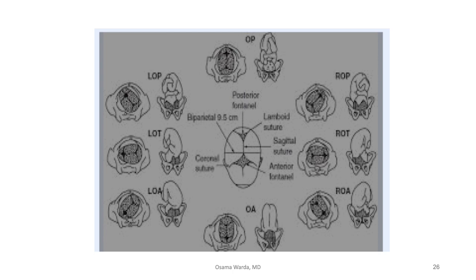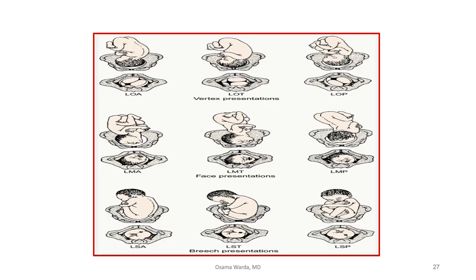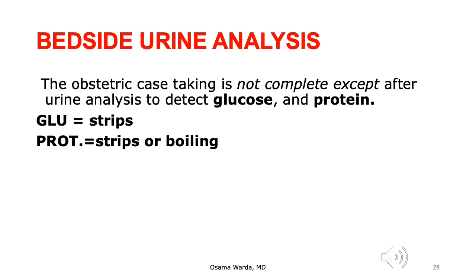The sagittal suture should be in the middle of the pelvis. If it is tilted to one side more than the other side, this condition is called asynclitism. So we can define the fetal position and fetal station by vaginal palpation during pregnancy.